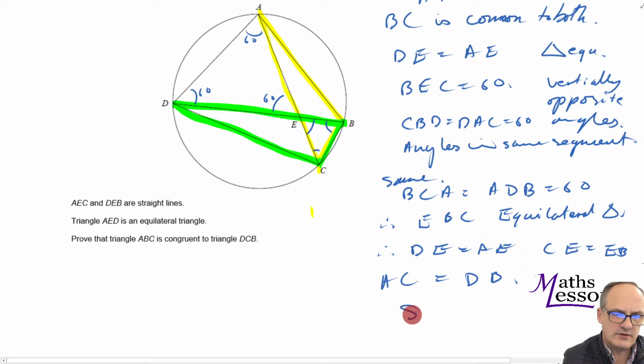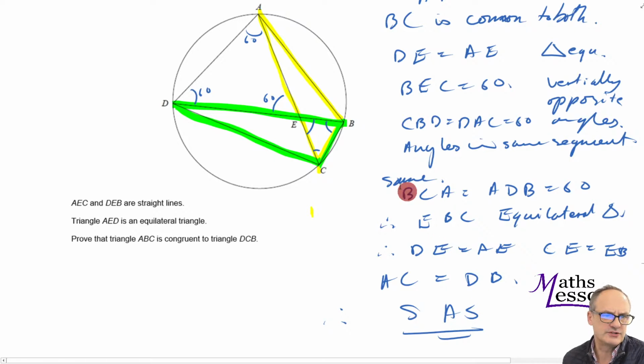So therefore we've got SAS. We've shown two sides, this side, this side, and this side, this side, and we've shown the angles in between are equal. Therefore, we have.